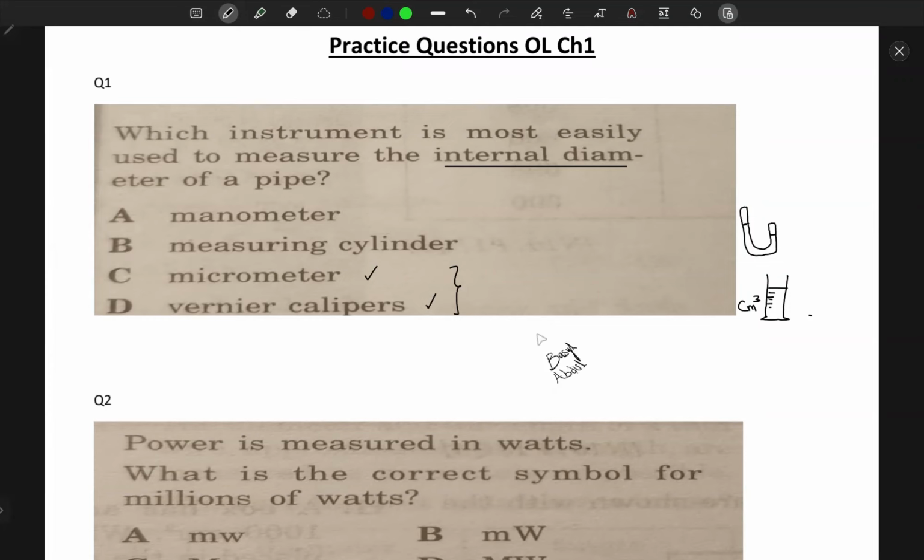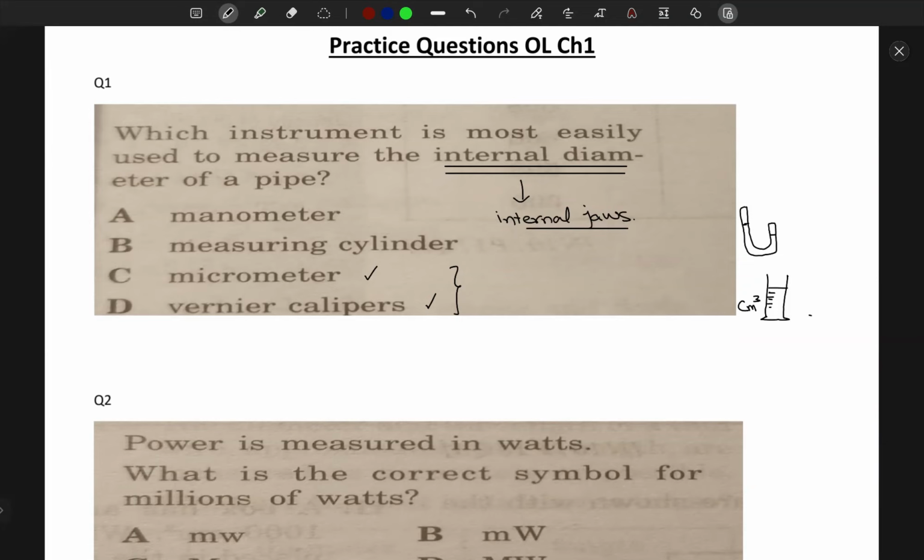A micrometer would not really make sense at this point, because a vernier caliper is specifically designed to measure internal diameter. So this word diameter was really a key word at this point. Is it clear for everyone?